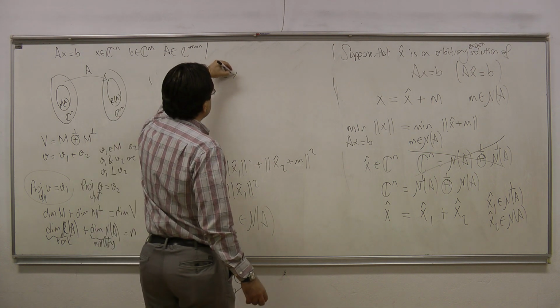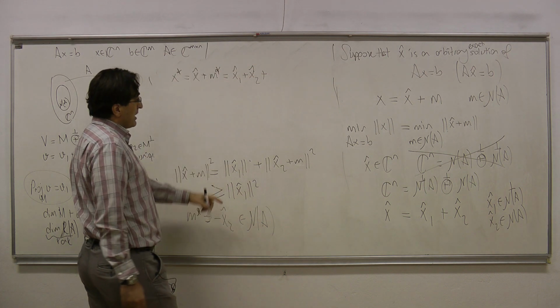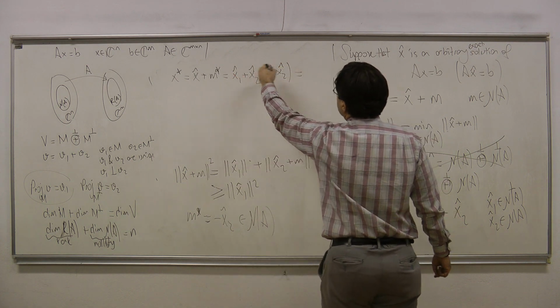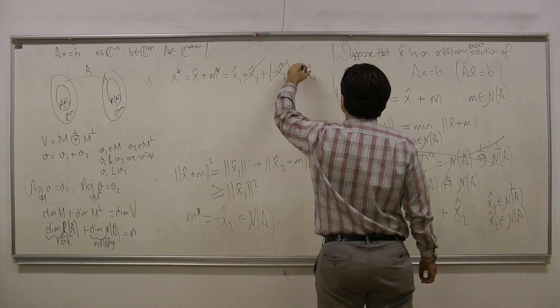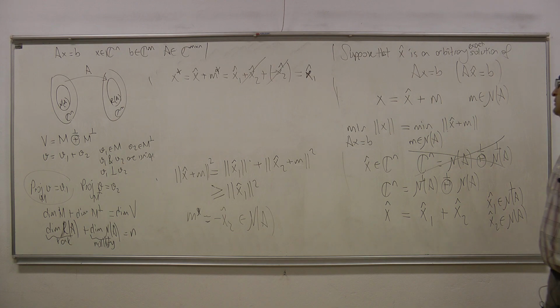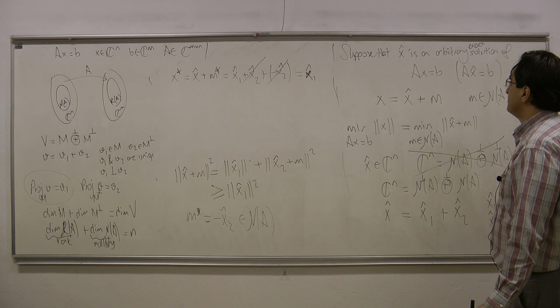And x hat is x1 hat plus x2 hat, and m star is minus x2 hat, and these are going to cancel, and I would have x1 hat. So this is the solution of our minimum norm solution problem.